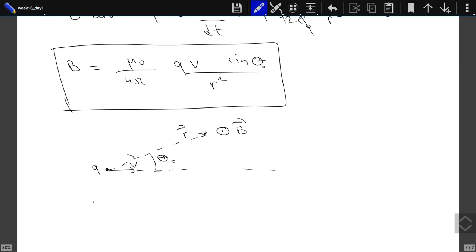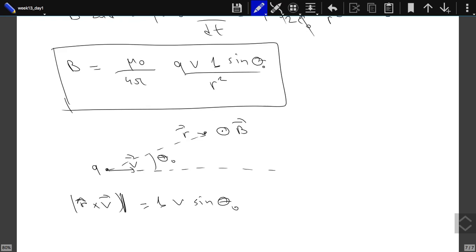Now let's look at this one. We have V as a vector, right? So here we can put a 1, which is the magnitude of another vector, a unit vector, and then we have a sine, which reminds you of the cross product. Let's look at r hat cross V. What is the magnitude of r hat cross V? The magnitude of r hat is 1, the magnitude of V is V, times sine of theta 0.